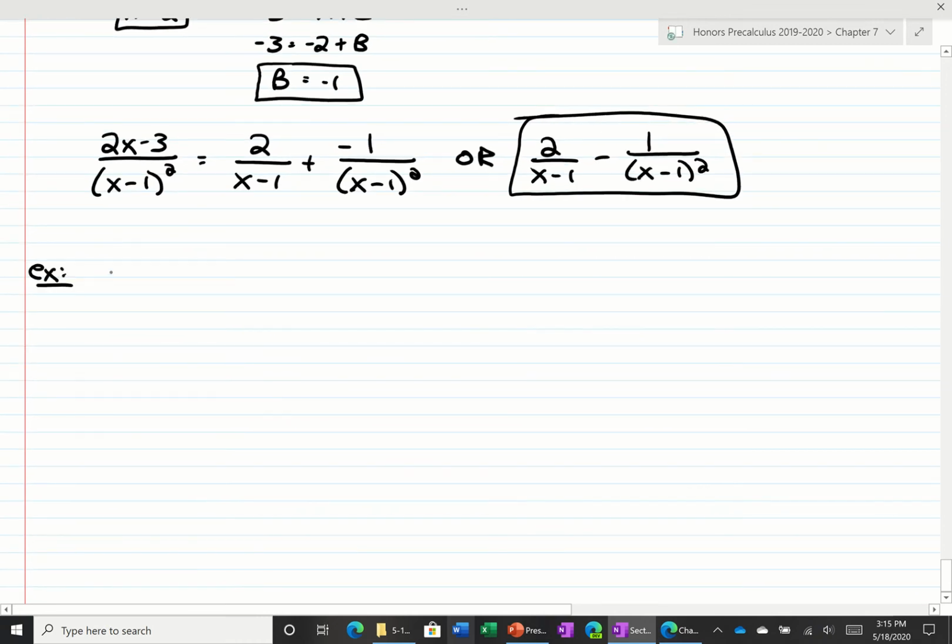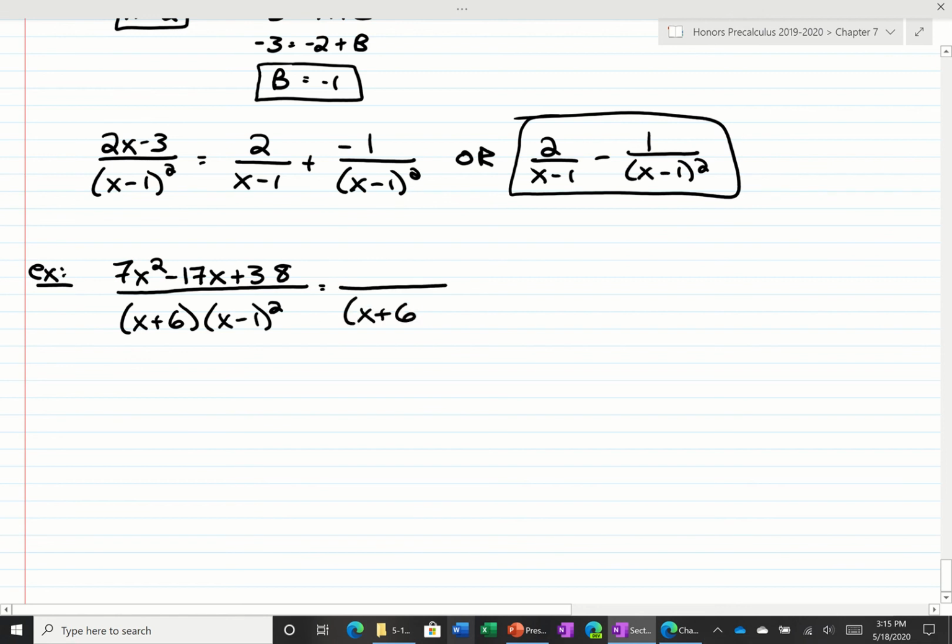Second example, what if we had 7x squared minus 17x plus 38 divided by x plus 6 times x minus 1 to the second power? Now we're going to need a fraction for the x plus 6 factor, but the x minus 1 is repeated, so we're going to need one denominator where it's just x minus 1 to the first, and we're going to need a second fraction where it's x minus 1 to the second power.